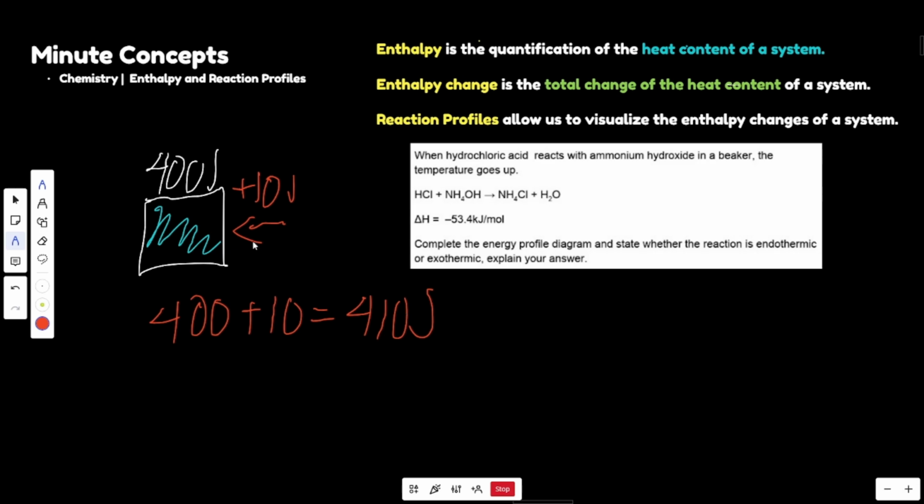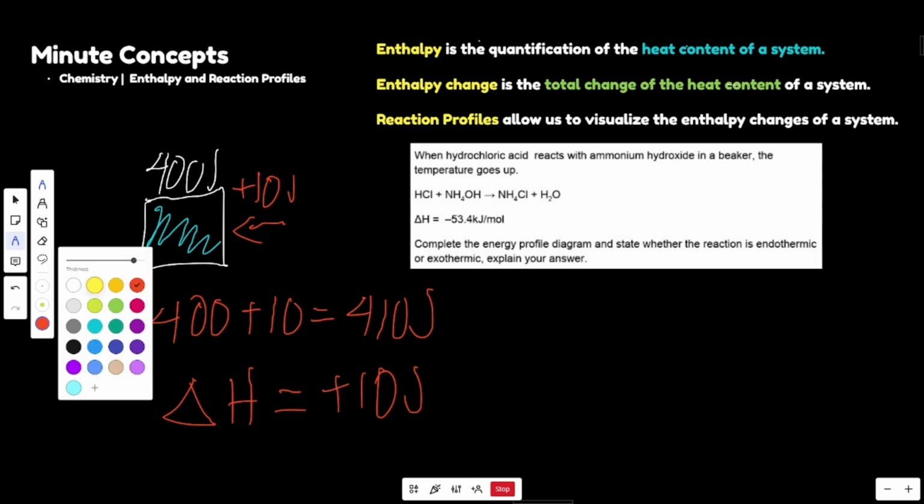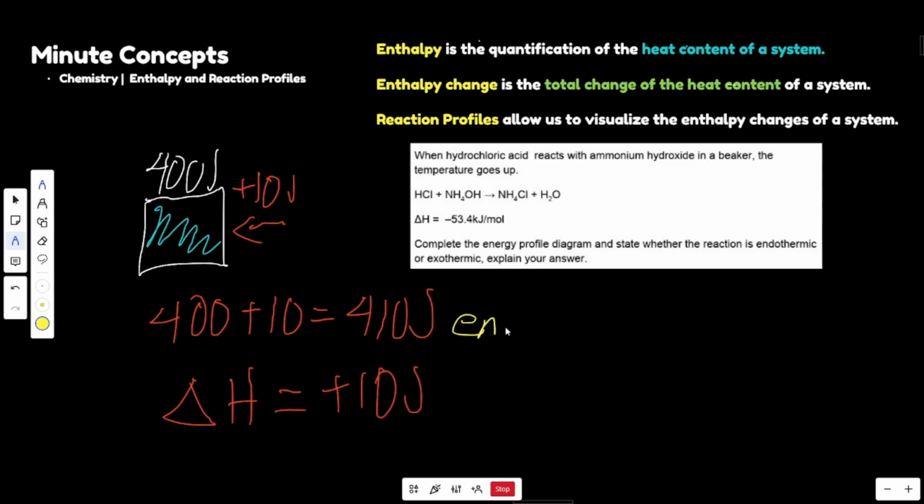Now, where does enthalpy come into play here? Enthalpy is the change in the heat. So here we added 10 joules, so we added plus 10. So our enthalpy was 10 joules. This is the energy, and this is the enthalpy.